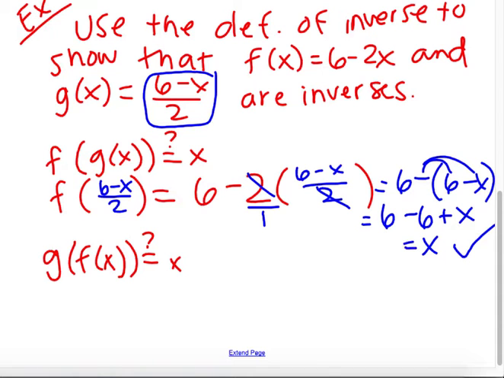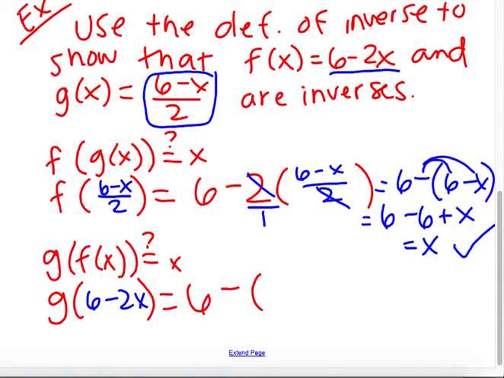Then for this one, we plug whatever f is in place of x in our g equation. So g of f of x, where f of x is 6 minus 2x, is plugging in 6 minus 2x in place of x in my g equation. That would be equal to 6 minus 6 minus 2x, divided by 2.